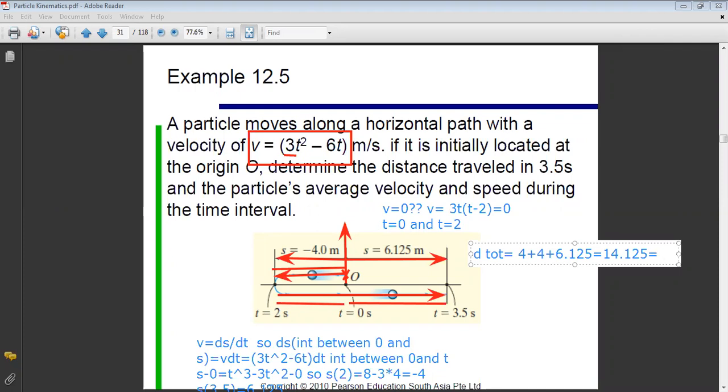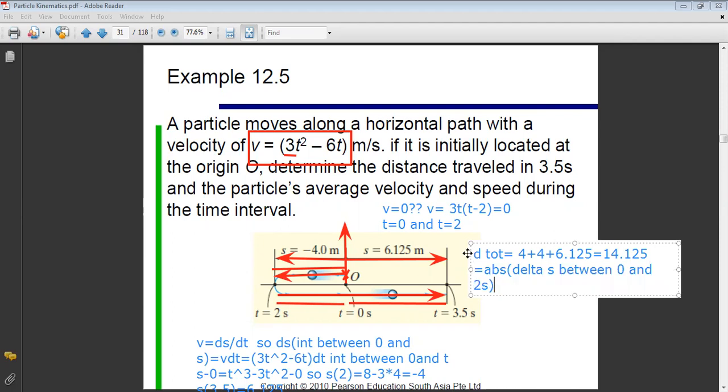Another method to find the total distance: you can say that the total distance is equal to delta s between 0 and 2 seconds, but I take the absolute value because the distance is positive. Okay, so the absolute value of delta s between 0 and 2 seconds.